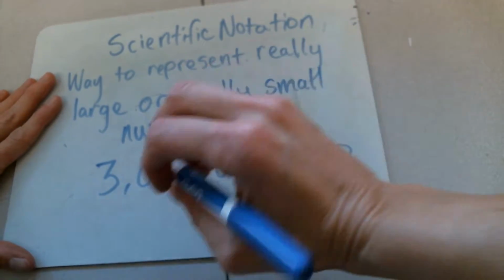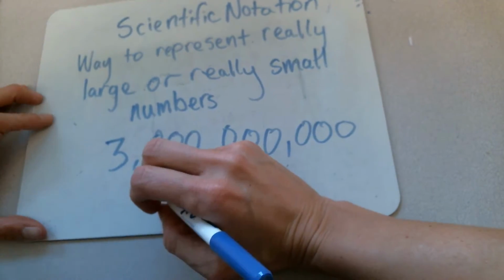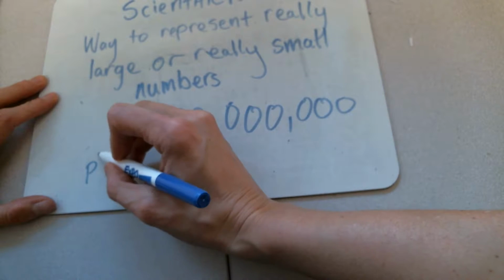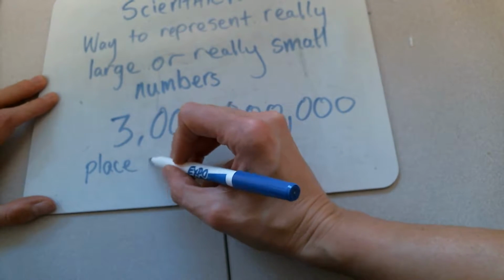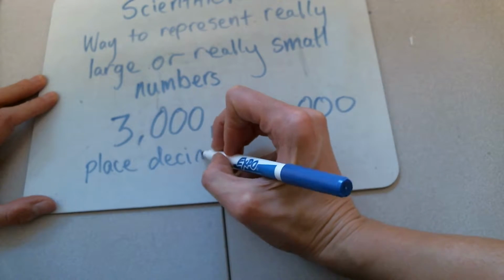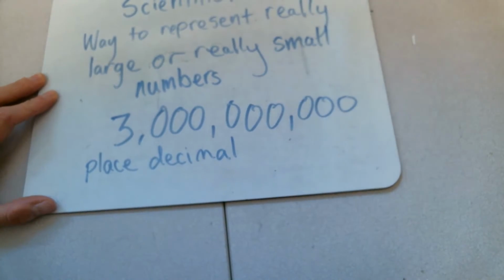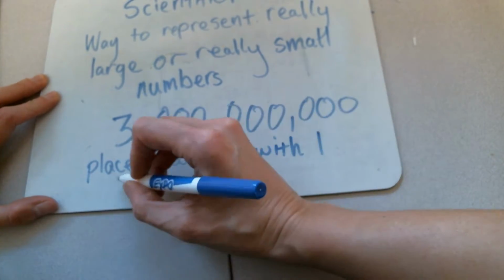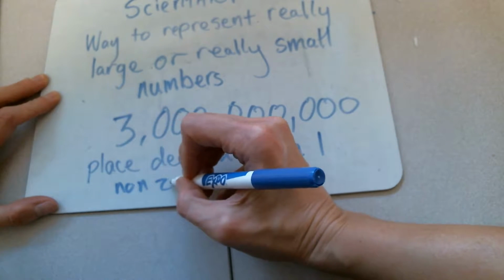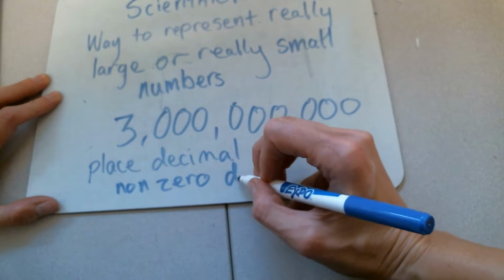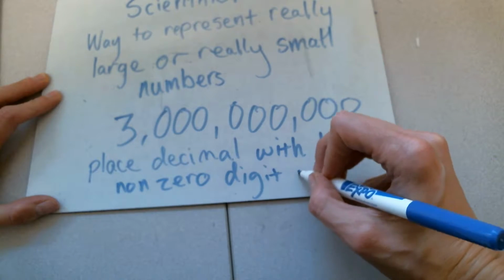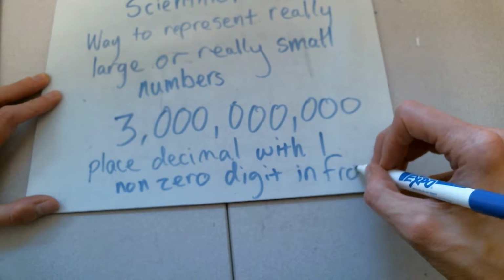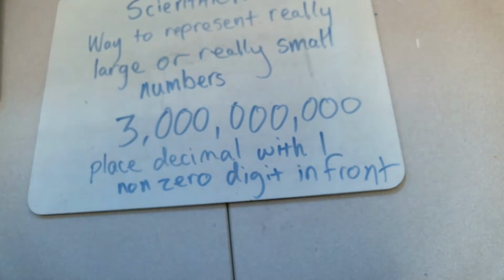The idea of scientific notation is you place the decimal so that it has one non-zero digit in front of it. Okay, so I'm going to show you an example of this in just 1 second here.